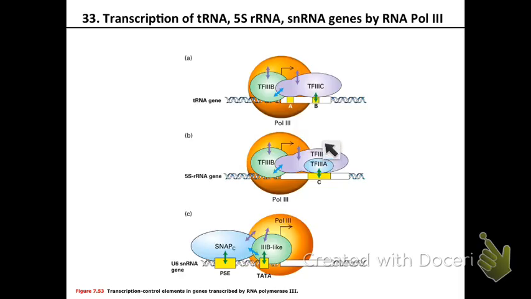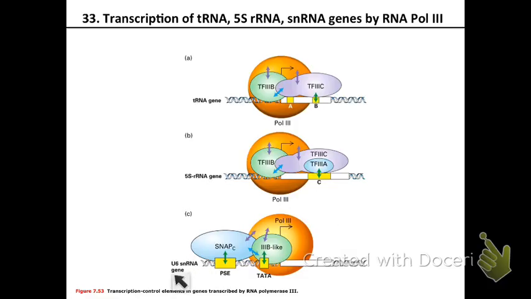RNA polymerase 3 also transcribes the 5S RNA gene, so it's not the 18S and 28S, but the 5S RNA gene. And in this case, it's also brought to the promoter, but by a different sequence element. It's called box C. That again is recognized by the initiation factors that bring RNA polymerase 3 there. RNA polymerase 3 transcribes other non-coding small RNAs.